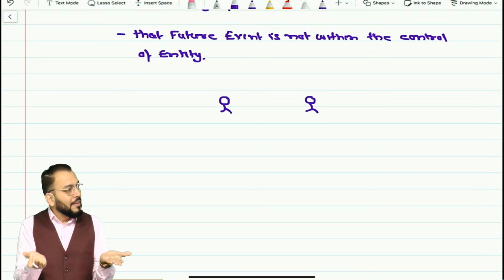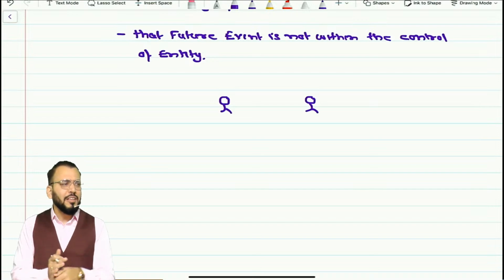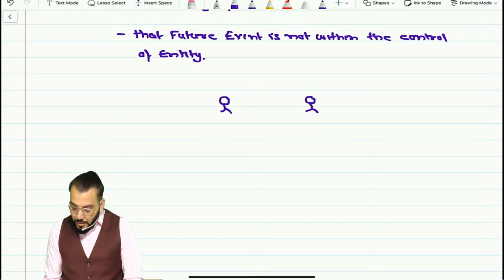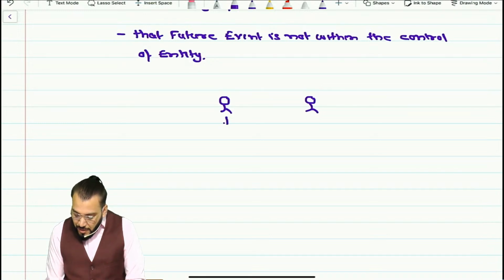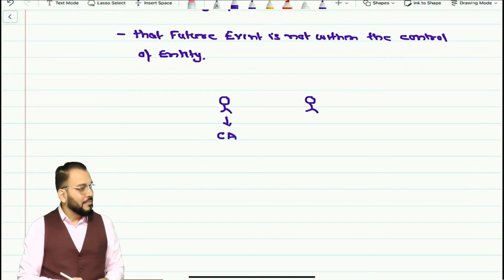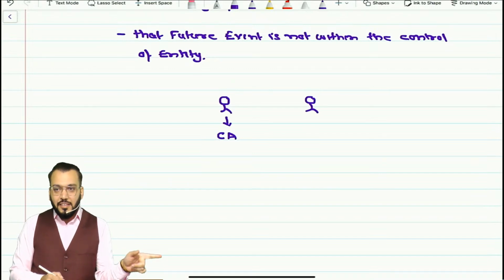Both passed 12th, which is your junior intermediate, whatever you call it in this place. Now this person has registered for CA with ICAI. He wants to do CA. Registration done with ICAI.